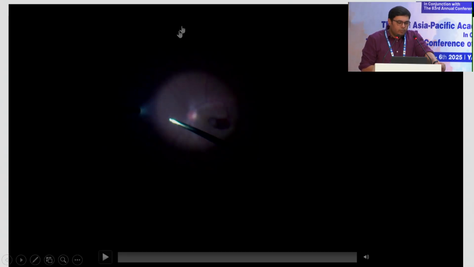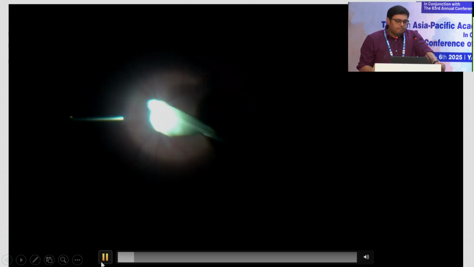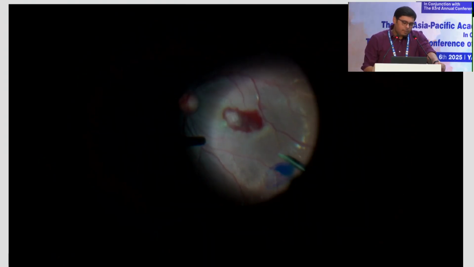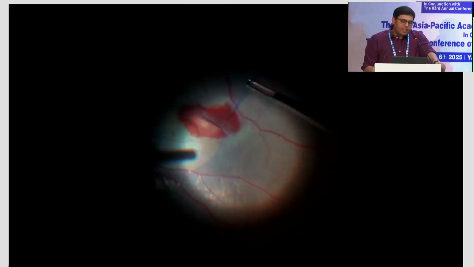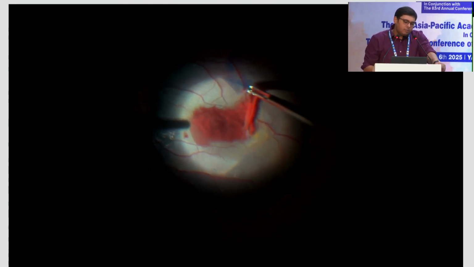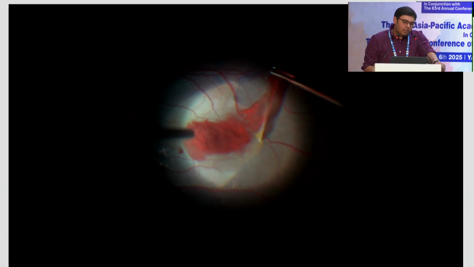So this is the video of the surgery. We stain the ILM. ILM becomes very tenacious here when there's blood underneath.